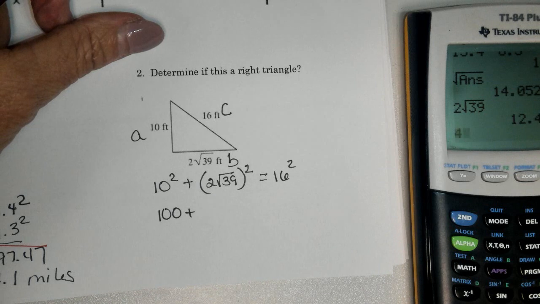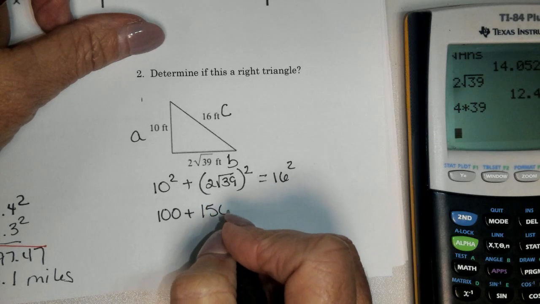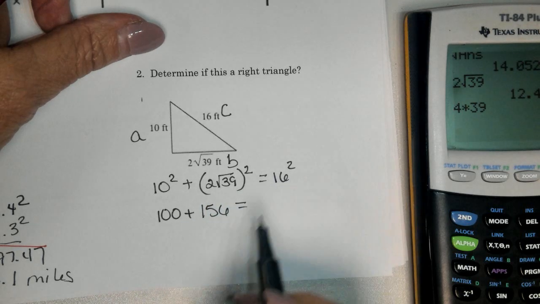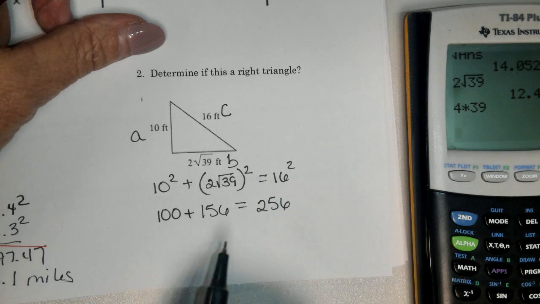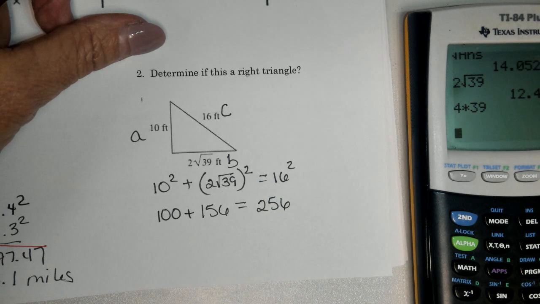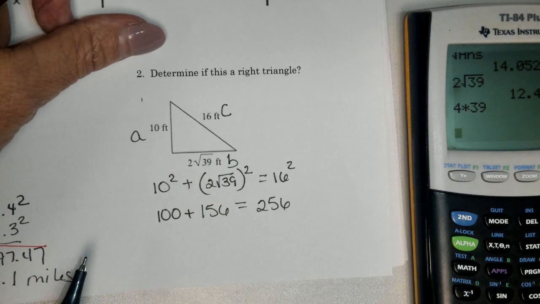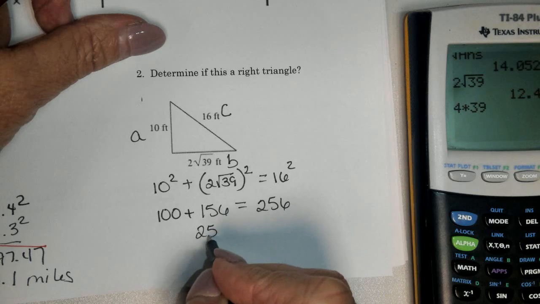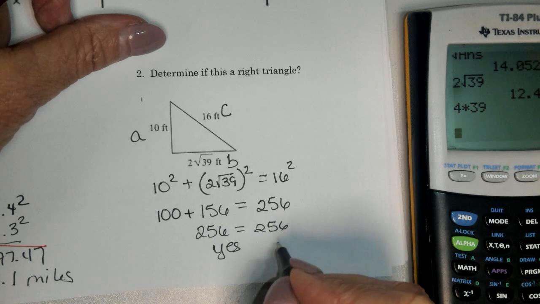So 4 times 39 would give me 156. And I know 16 squared is 256. So since the sum of the squares of the two sides equals the square of the longest side, we can definitely say that this is a right triangle. Yes, right triangle.